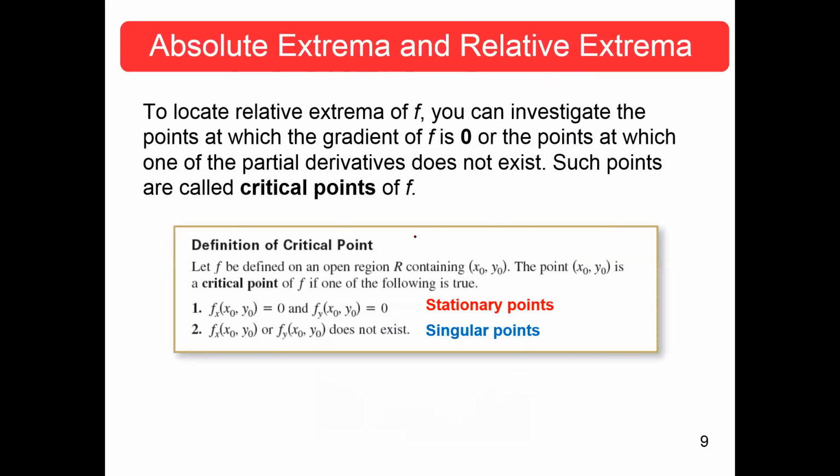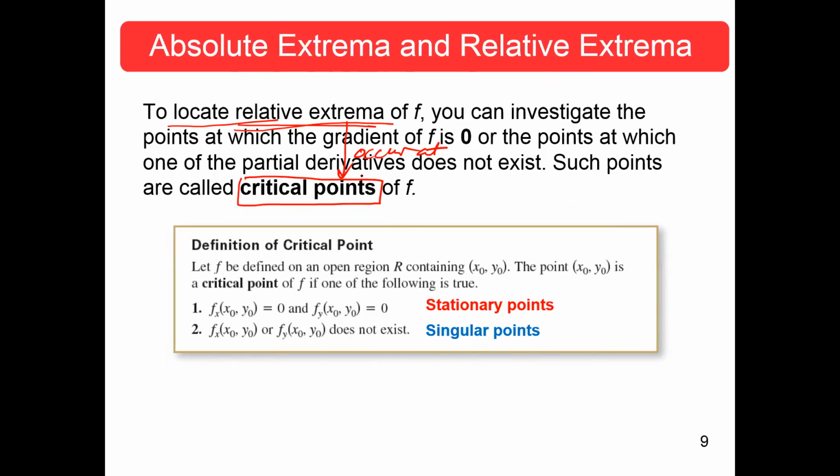And next, the question is, how do we find the relative extrema? Where would those relative extrema occur? You probably recall this concept of critical points. The relative extrema would occur at those critical points.